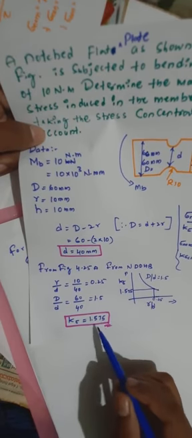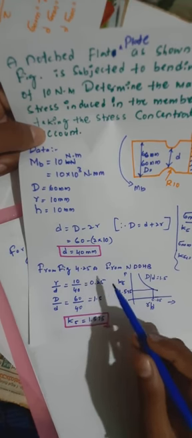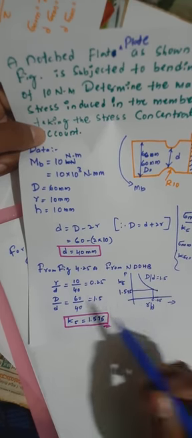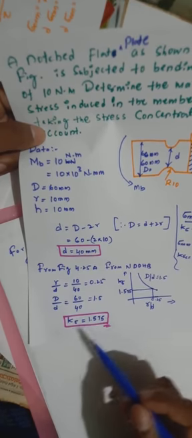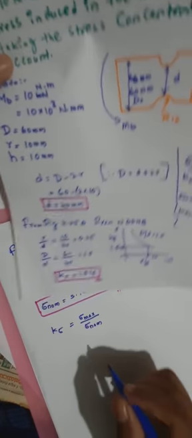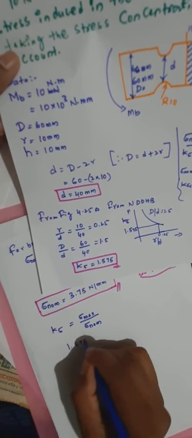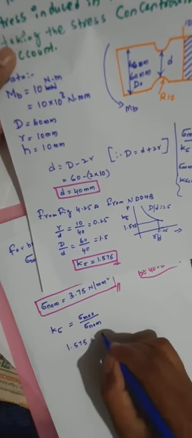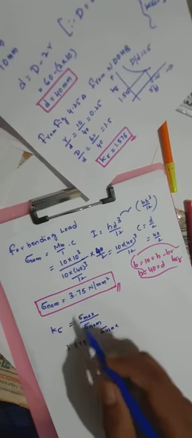K sigma is obtained by using figure 4.25a from the design data handbook, with the help of the R by d as well as D by d ratios. K sigma is equal to 1.575. We don't know the maximum stress, and we know the nominal stress.